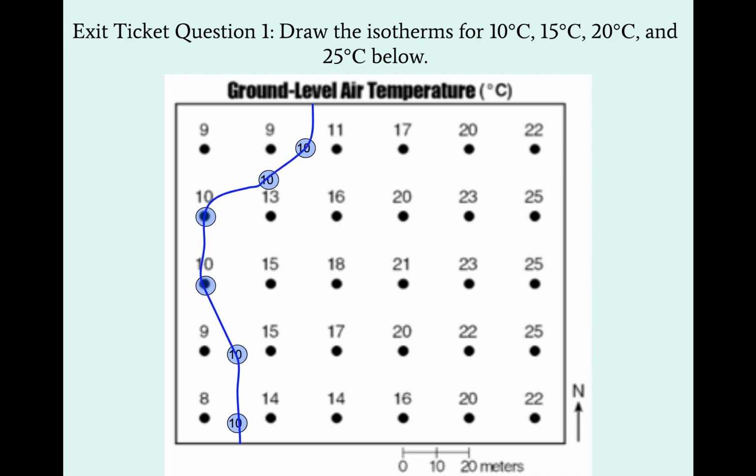And then lastly, you need to draw a line connecting those tens and make sure that line either connects to the edge of the map, in this case the square, or connects back in a circle. So go ahead and draw the lines for 15, 20, and 25 in addition to the line for 10 that we just drew.